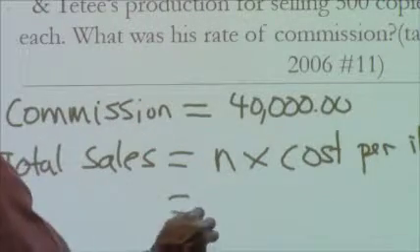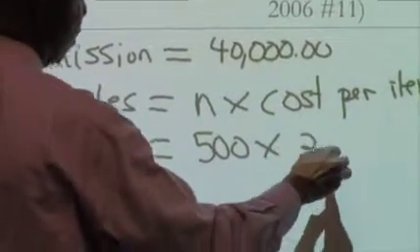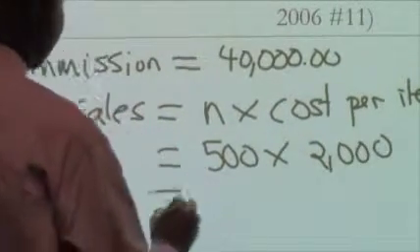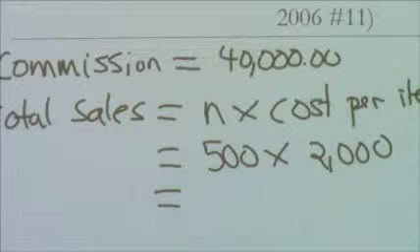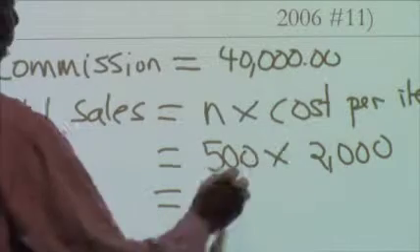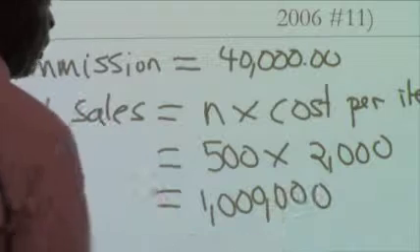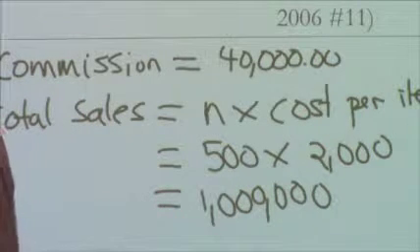In this case, the number of items sold was 500, and the cost of each item was $2,000. Very expensive, correct? We don't know what we're selling. When you multiply this, you're going to have 1 million. So that's the total sales.